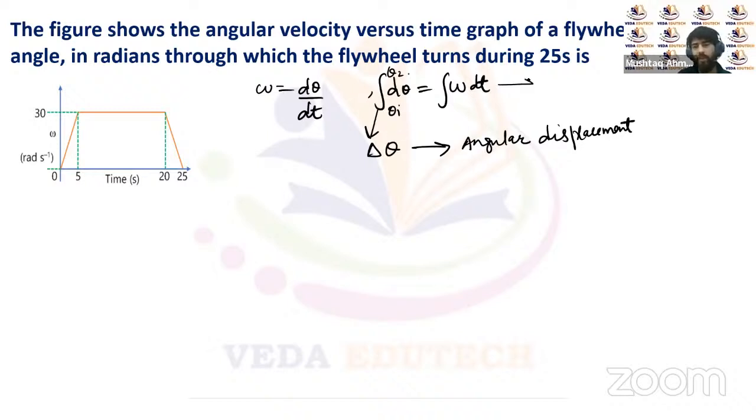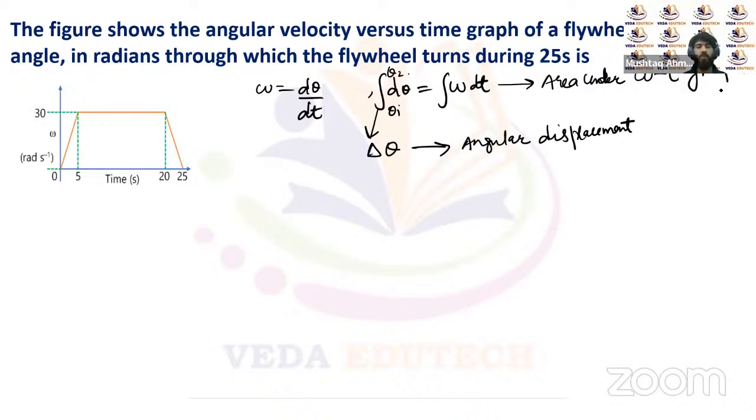It also represents the area under the omega-t graph. So the area under the angular velocity time graph gives the angular displacement.